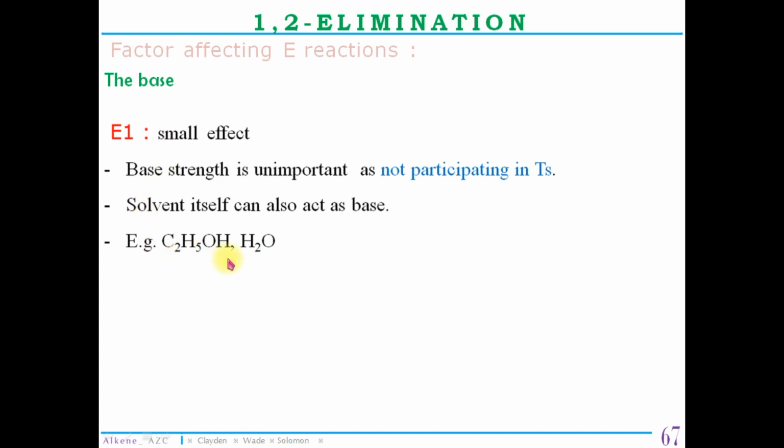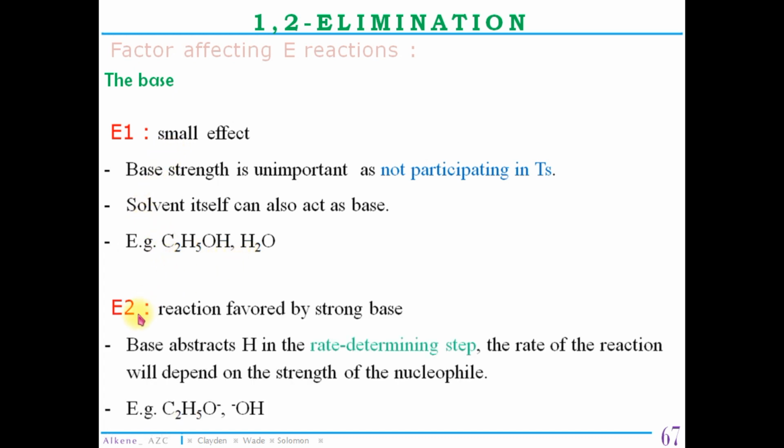Examples are ethanol and water. In E2, the reaction is favored by a strong base because the base abstracts hydrogen in the rate-limiting step. The rate of reaction will depend on the strength of the base or nucleophile. Examples are ethoxide and alkoxide anions.